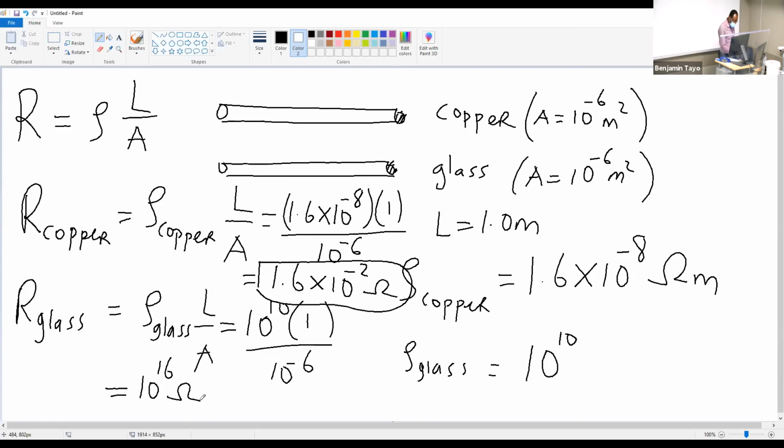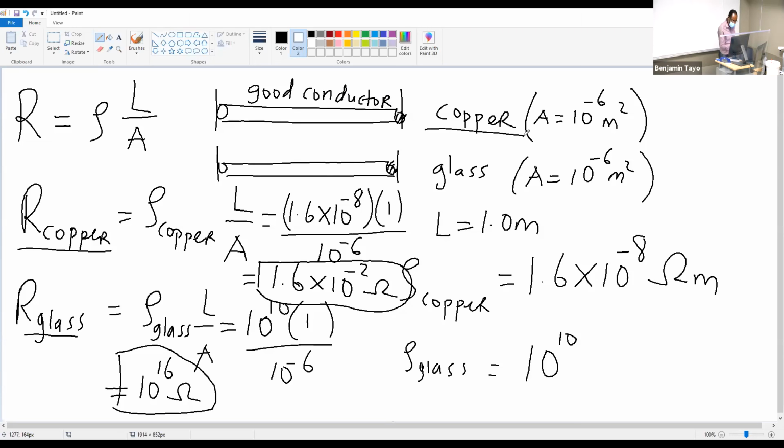So in this example, for the same length of copper and glass, notice that the resistance of copper is very small, but the resistance of glass is very high. So again, this tells you that copper is a good conductor and glass is a bad conductor.